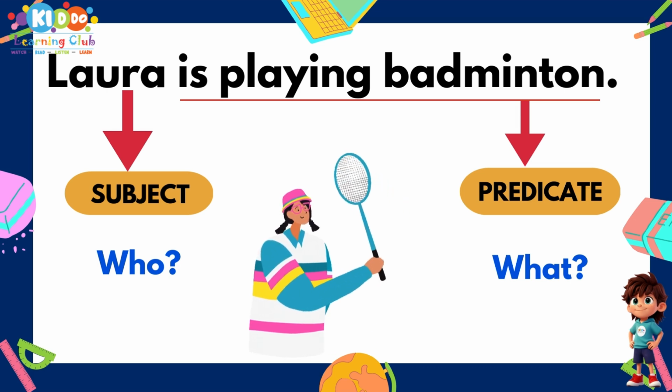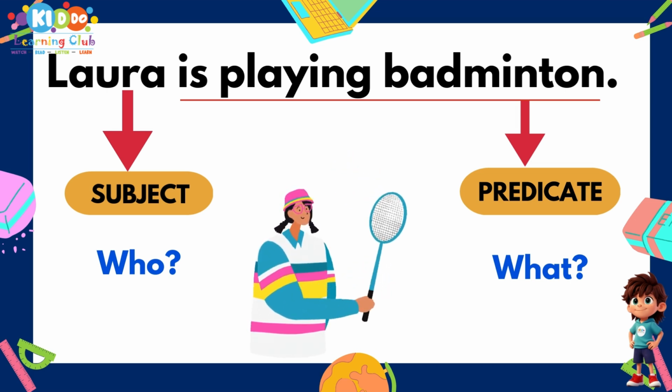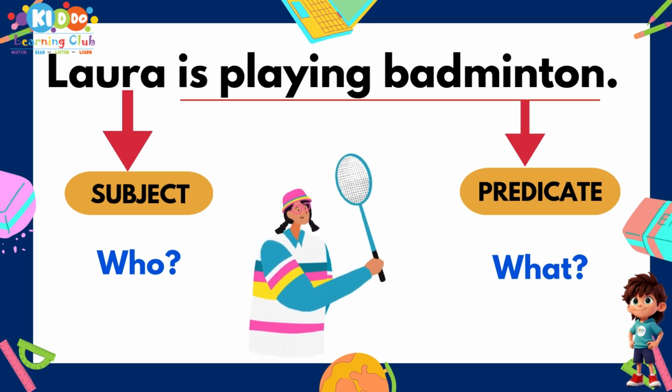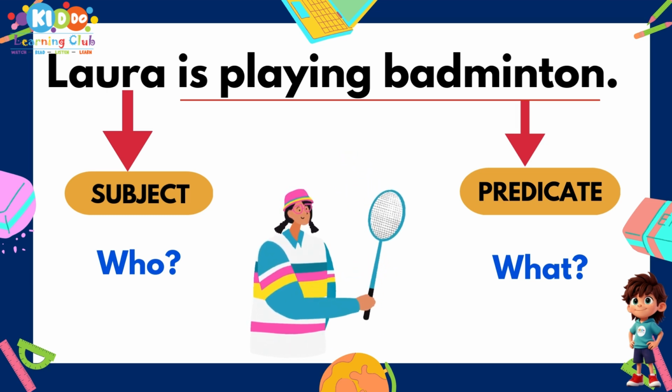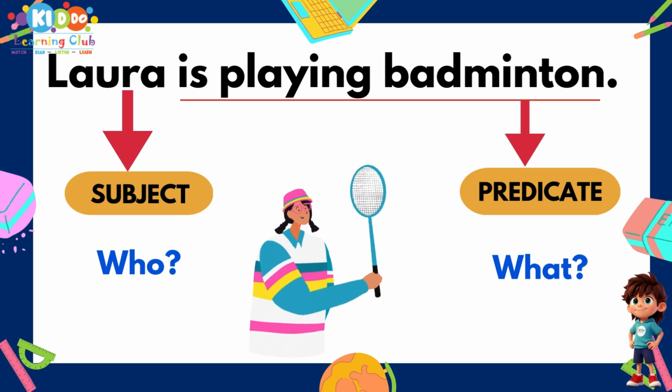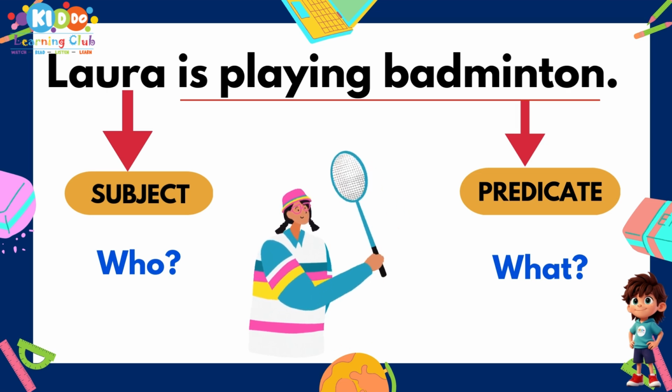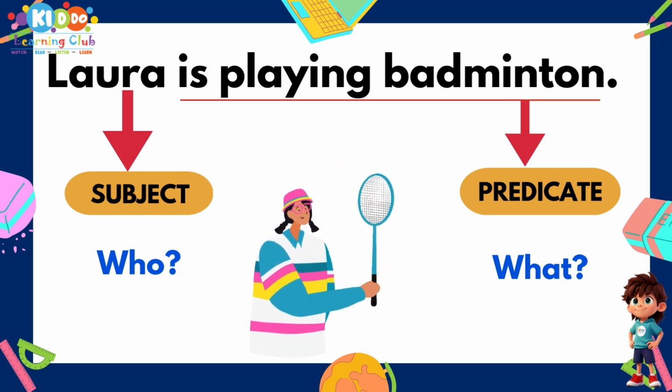What is Laura doing? Laura is playing badminton. So, the answer which we got is the predicate, the rest of the sentence which answers the action done by Laura.